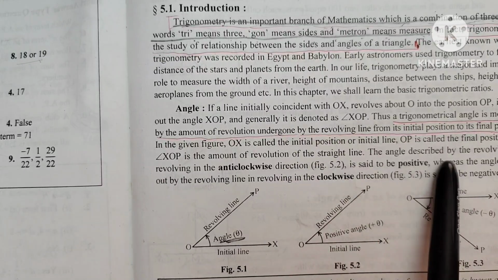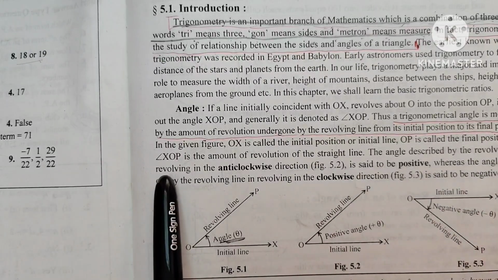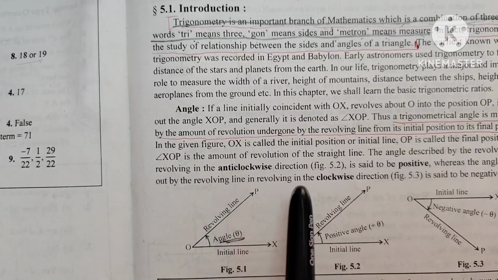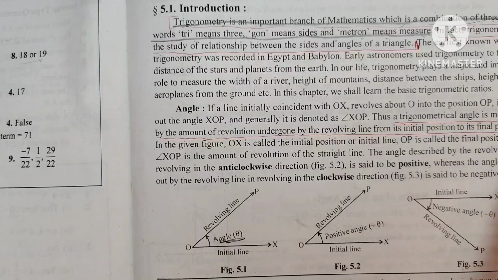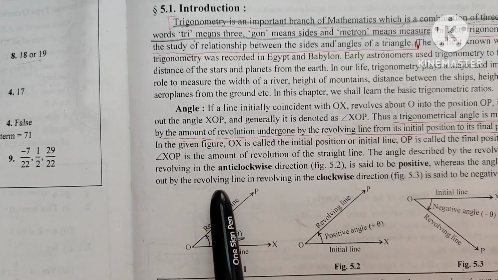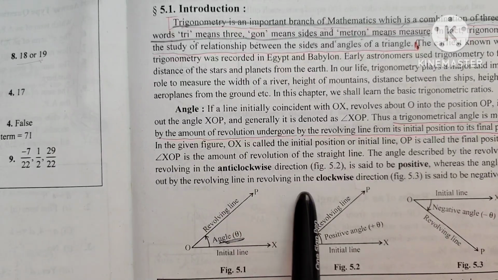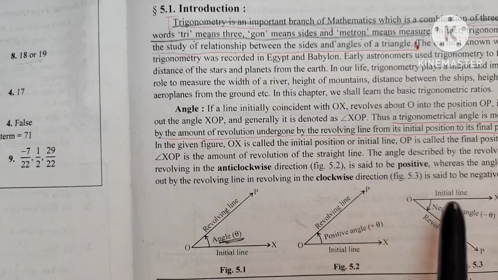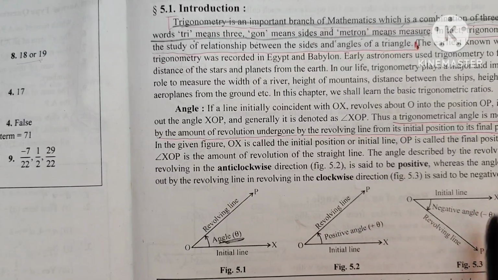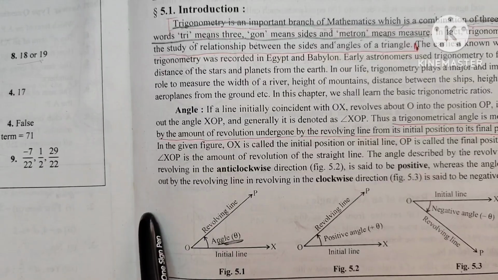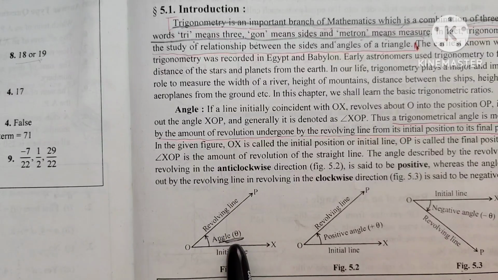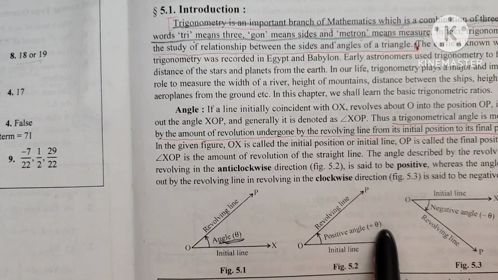The angle described by the revolving line revolving in the anti-clockwise direction is said to be positive, whereas the angle traced out by the revolving line revolving in the clockwise direction is said to be negative. So on this downside we will show the negative angles, and when you go up from the initial line you have to show the positive angles.